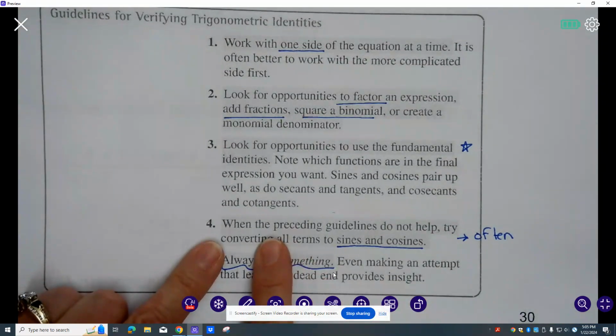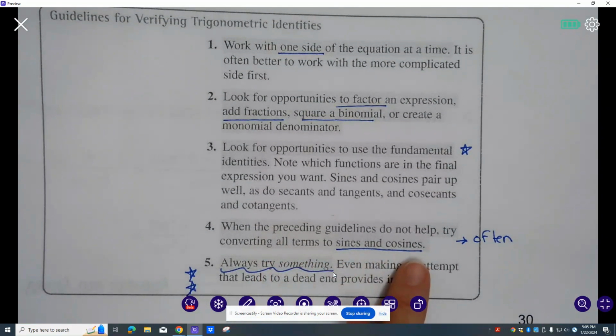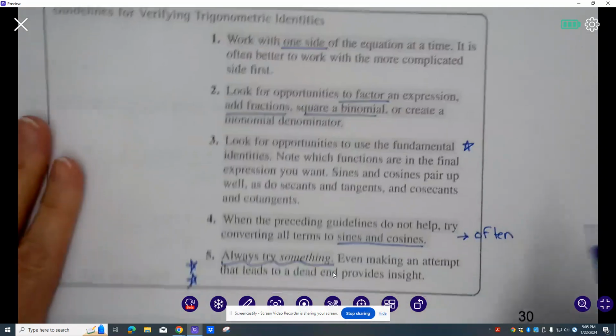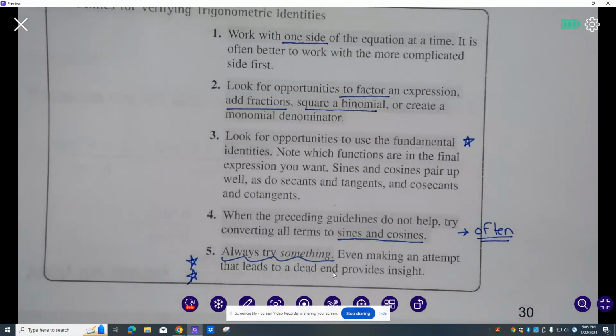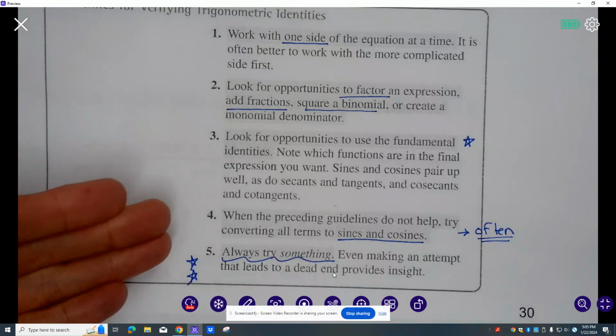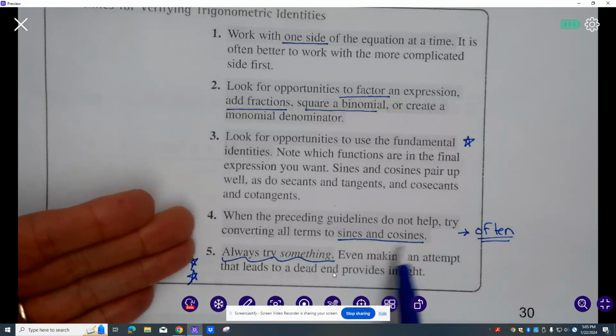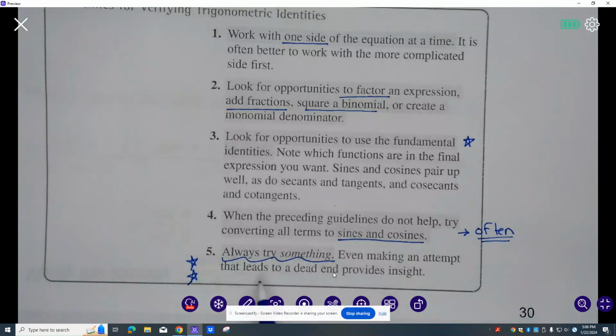Okay, when the preceding guidelines do not help, try converting all terms to sine or cosine. This is very often going to be a strategy that you use. So just because it's number 4 doesn't mean you're not going to use it a lot. When I say when you can't think of anything to do, write everything as a sine or a cosine. And this is the biggie. Always try something.